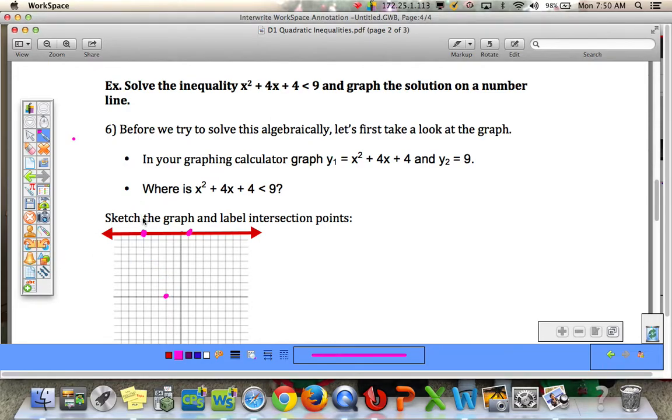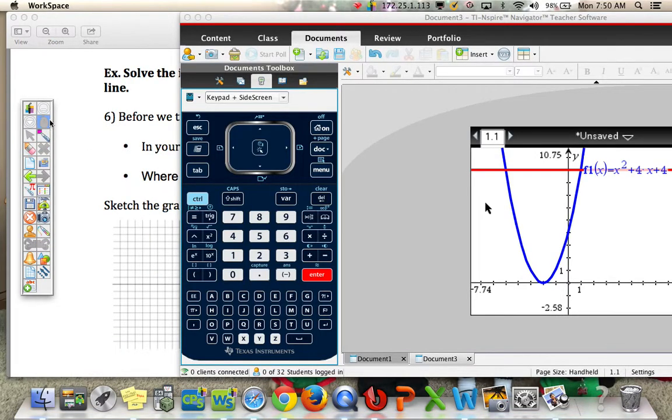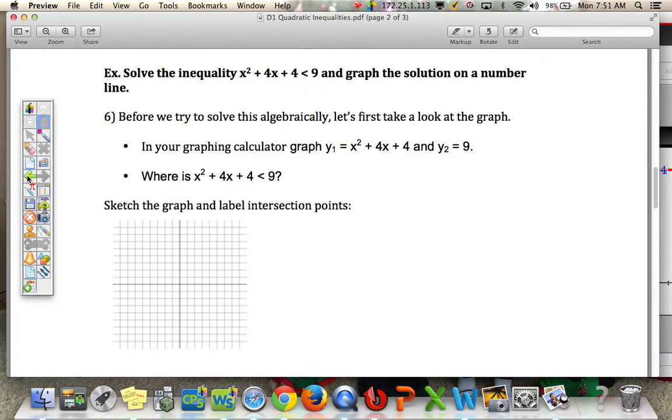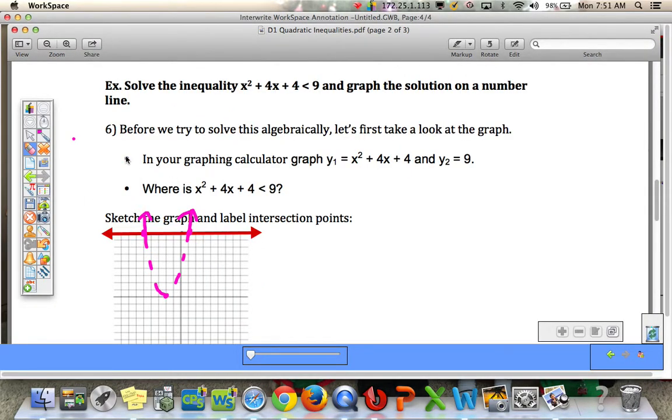Oops, again, that's a terrible parabola. And we should have a dash line, actually. Let's do this. Okay, so there's my parabola with a dash line. So we have sketched that graph. Oops, did I undo everything? Okay, there it is.